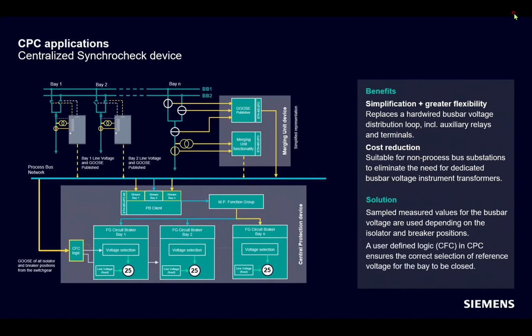Once the right voltage is selected and the synchronization conditions are fulfilled, the close command to the circuit breaker is sent also using GUS. This makes the SyncroCheck process more reliable and fully digital. So overall, this application gives us a cleaner design, lower cost, and smarter control.